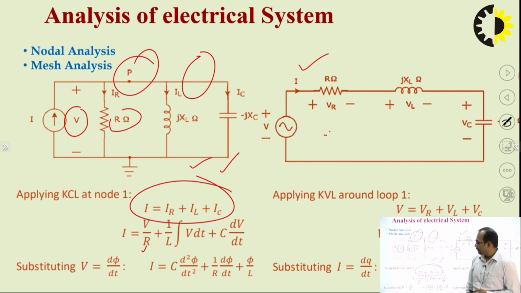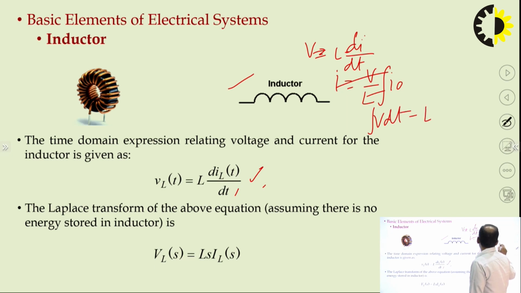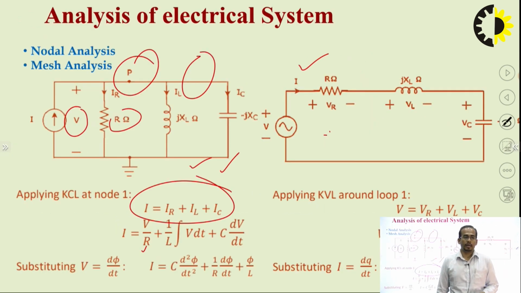So, how can we find the value of I? If I integrate V dt, it is equal to L I. So, I is equal to 1 by L integration of V dt.